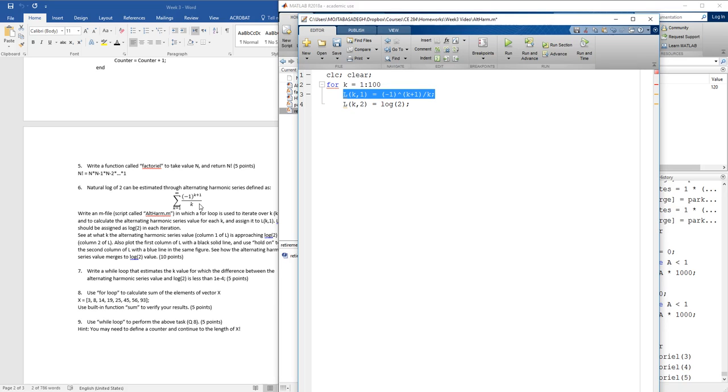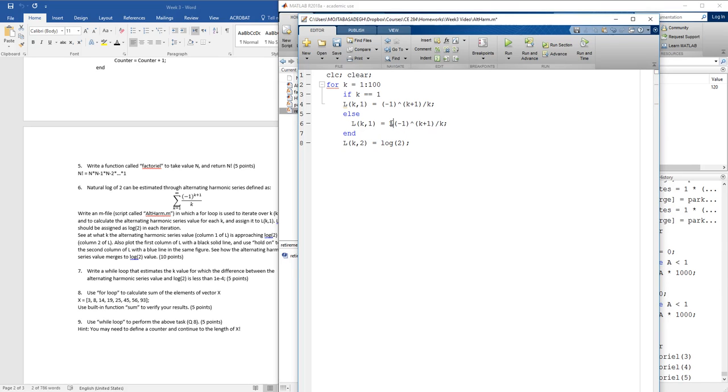If k is 2, it means that k1 should be added. So k equal to 1 is this, plus negative 1 to the power of 3 divided by 2 added to k was 1. So basically, if k is 1, then this is perfect. Else, it is the summation of all the previous elements.